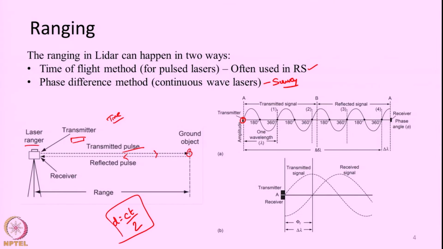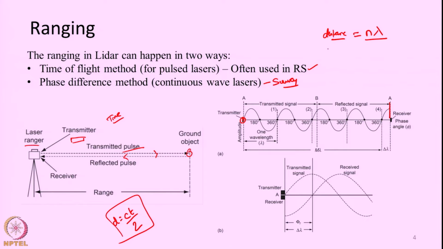Based on the distance between the transmitter and receiver, the phase of the wave will vary. Let us say at this point we are transmitting a wave, we know the phase at which it is transmitted, and based on the distance the phase will change. If the distance is an integral multiple of wavelength, the phase may not change.